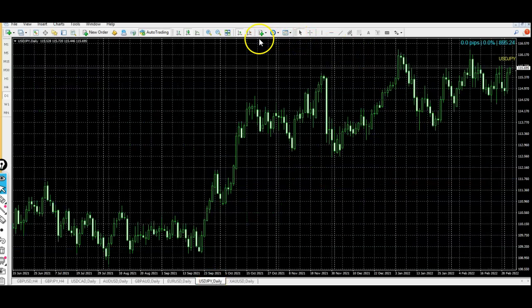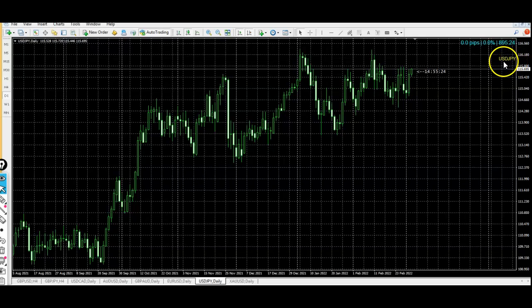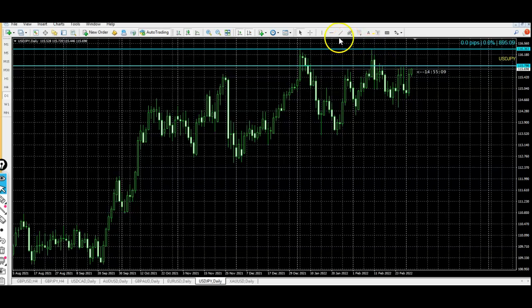Okay, the USD JPY, let's see what is happening here. This might be a zone, but if it breaks through here, then it could go up to this level here, and that's the 116.36 level. Or if it doesn't, as price is right now, it's just moving sideways.